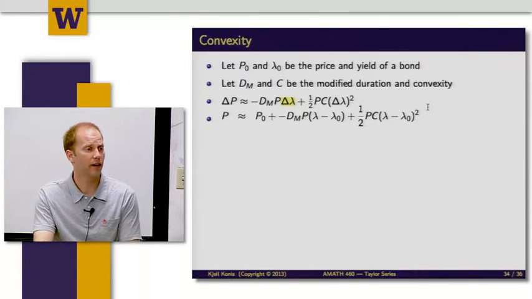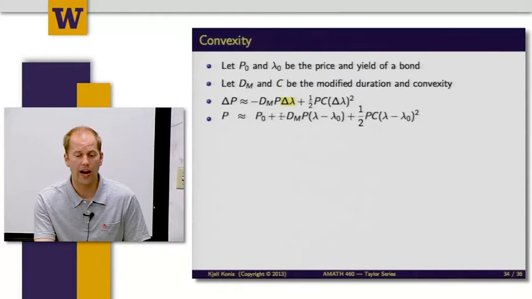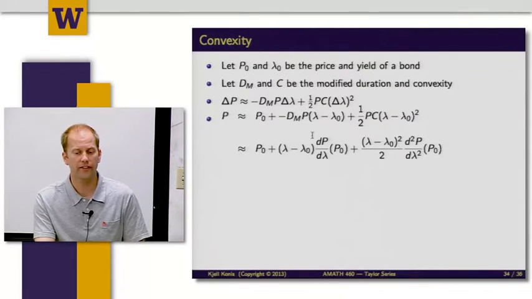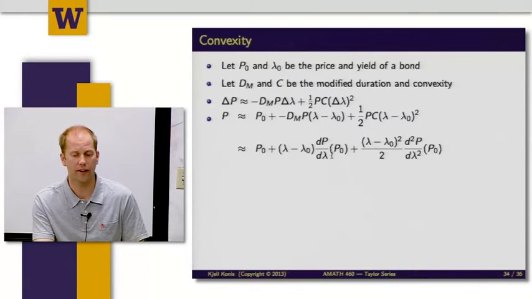And then if I go back and substitute in how we got these terms in the first place, the modified duration times price and price times convexity, both of those just came from the derivatives of this price formula for the bond with respect to lambda. So the first one is just dp d lambda evaluated at p naught.